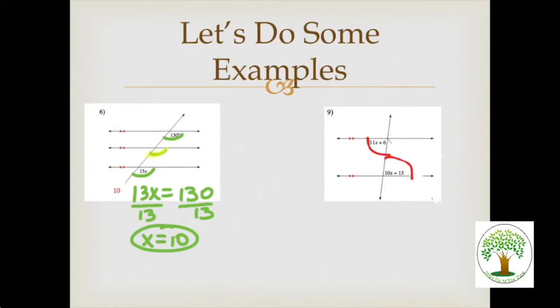That is alternate interior. Okay? If you cannot erase like that, I had to say that's congruent to that by corresponding, and those two are alternate interior. All those are equal. Okay? So I can make an equation. 11x plus 6 equals 10x plus 13.